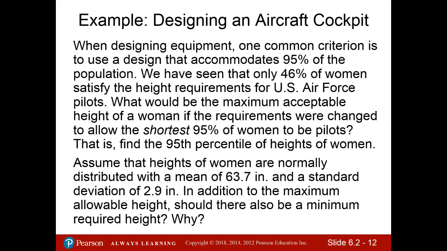Now, when saying 95th percentile, you want to find the value so that 95% of the population is less than that, and only 5% is above it. Now, it said assume that the mean is 63.7 and the standard deviation is 2.9, and it is normally distributed. So what is this value, and how do we calculate that?